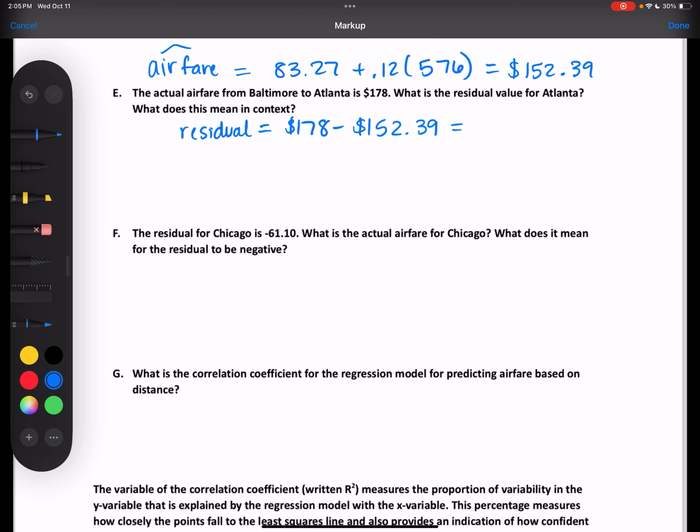And so what does that give us? $25.61. And then what does this mean in context? Basically, it tells us that the predicted airfare was too low.